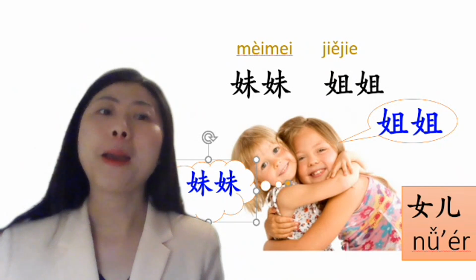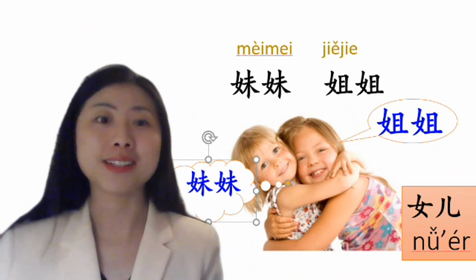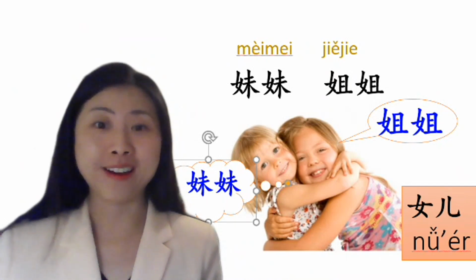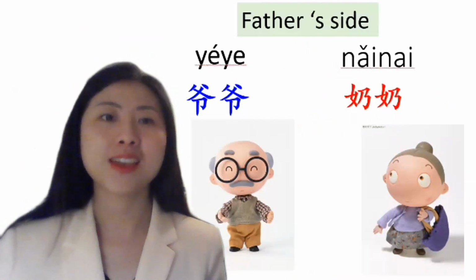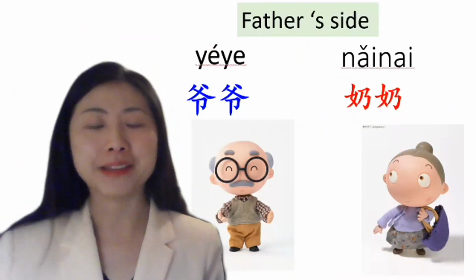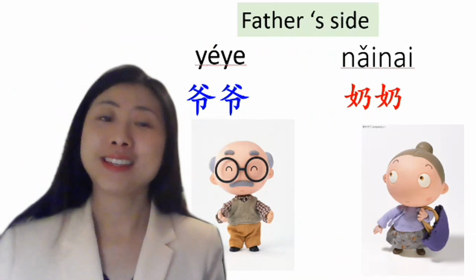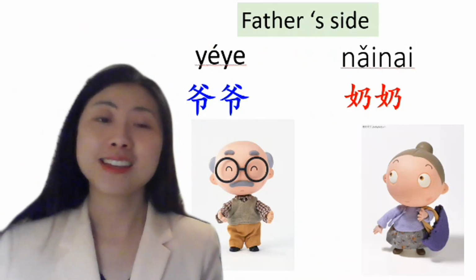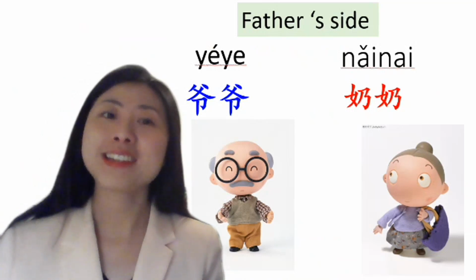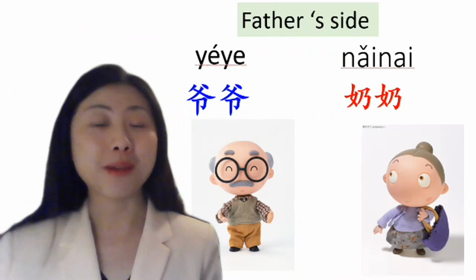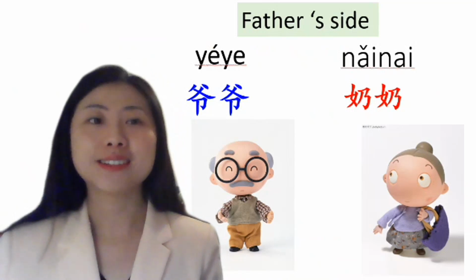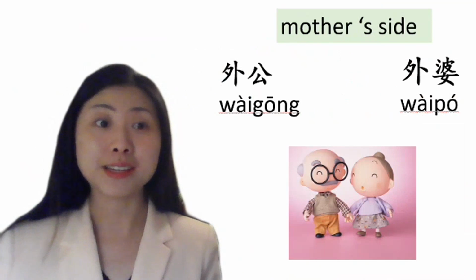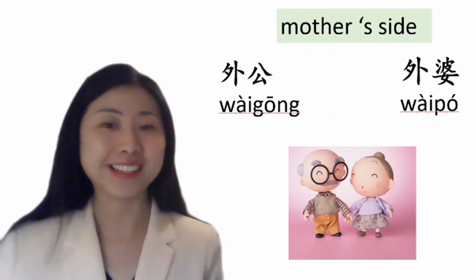We say 女儿. Grandparent, father side. 爷爷, grandfather, father side. 奶奶, grandmother, from your father's side. Let's see grandparent from our mother's side.